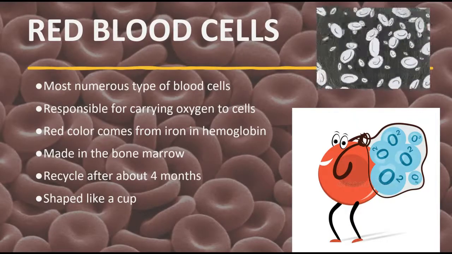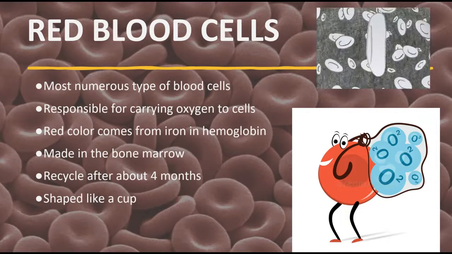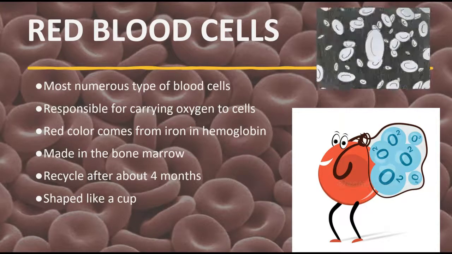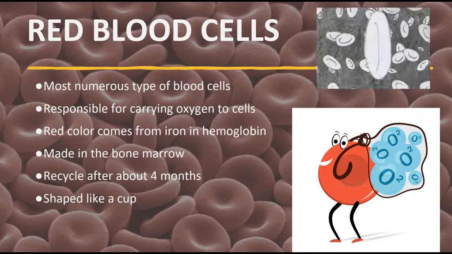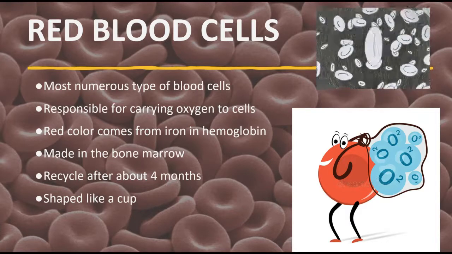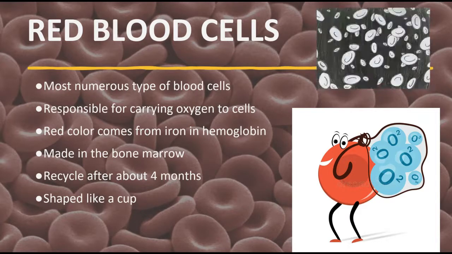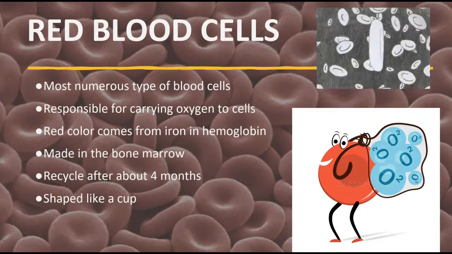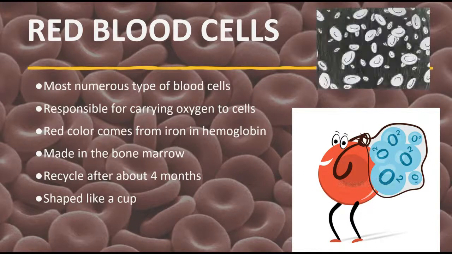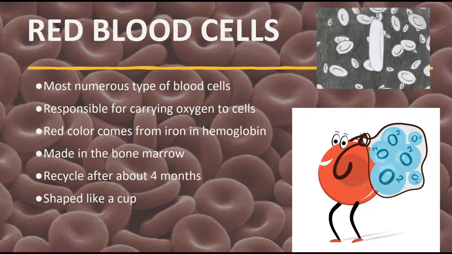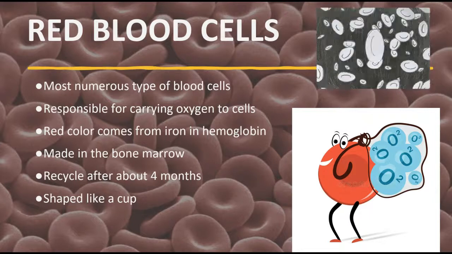So what are red blood cells? Red blood cells are the most numerous type of blood cell. They outnumber white blood cells. They're responsible for carrying oxygen throughout the body to your cells.